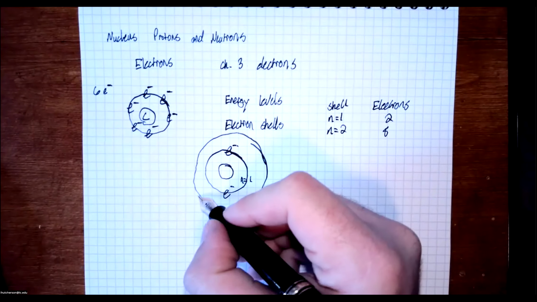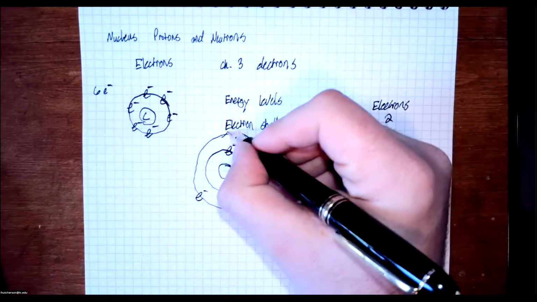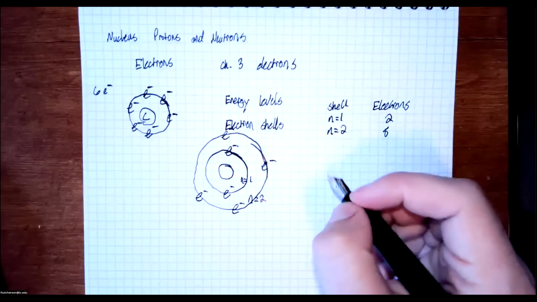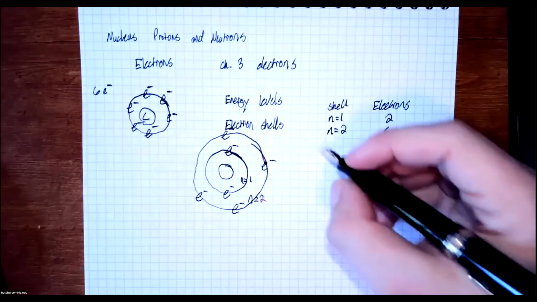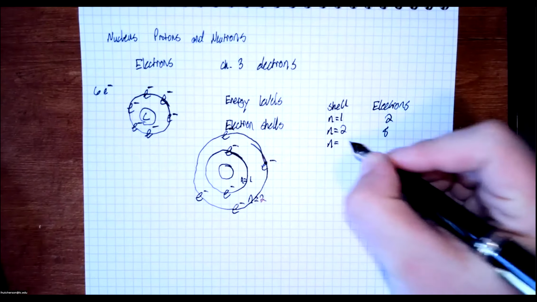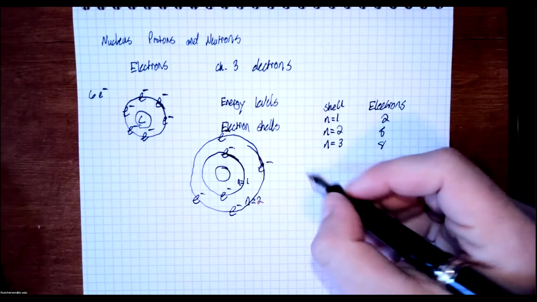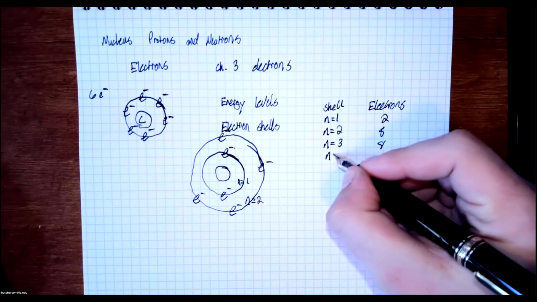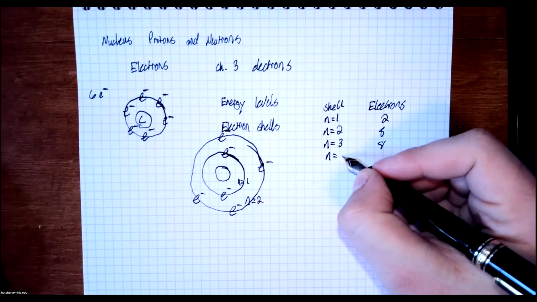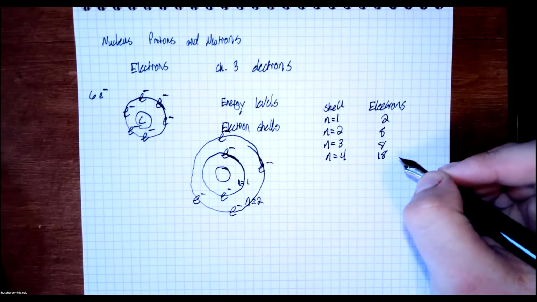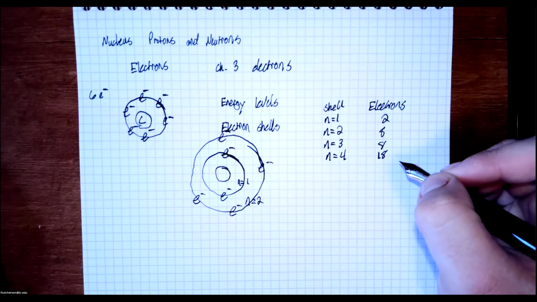So really, we just need to put 4 electrons in the n equals 2 shell, even though it can hold a maximum of 8. Now, we go on out from there. Of course, our next shell is called the n equals 3 shell. That holds 8. Very rarely will we go beyond the n equals 3 shell. But if we go to n equals 4, we can actually put 18 electrons in it.